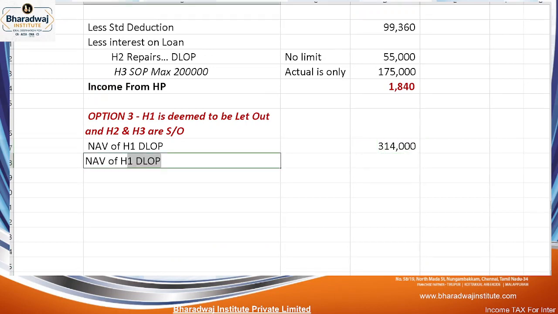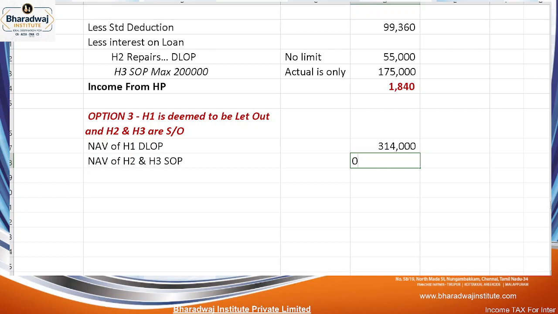NAV of house 2 and house 3, which are self-occupied property, will become 0. So less standard deduction, this into 30%.